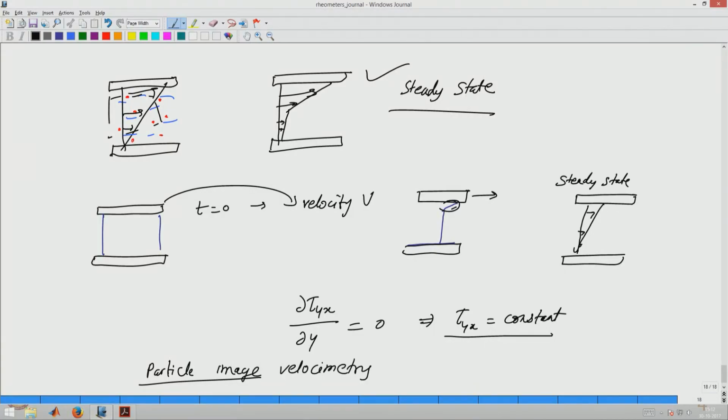Again, the assumption is that the particle addition is not doing anything to the fluid under study, because the amount of particles being added is very small. Additionally, the particles have the same density as the surrounding fluid, so that they themselves do not have any inertia and do not settle down; they follow the fluid faithfully. Therefore, by looking at their motion we get to know the fluid motion.